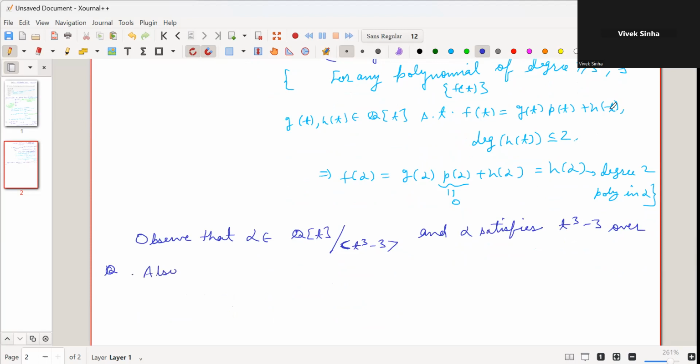Also, we know that x³ − 3 is irreducible over Q, right?